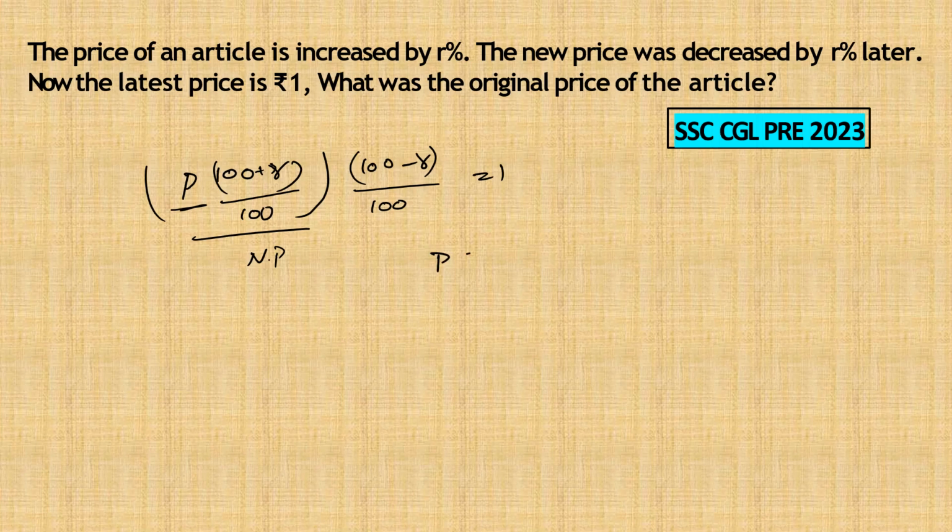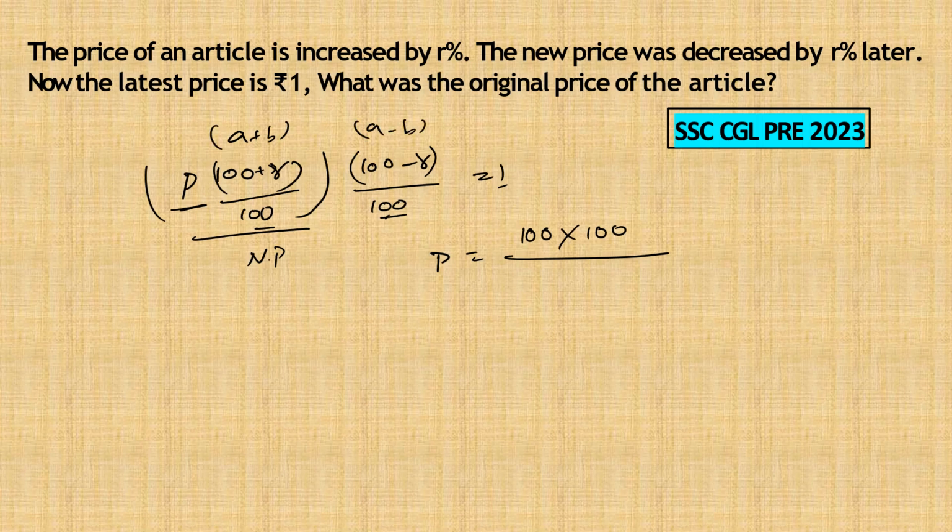That is, p equals 100 into 100 into 1. I'll write here 100 into 100 divided by, it is in the form of a plus b and a minus b.